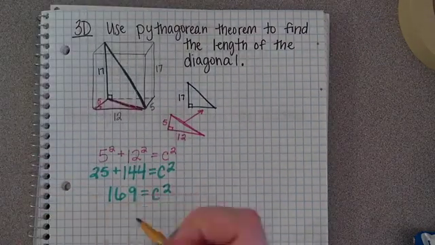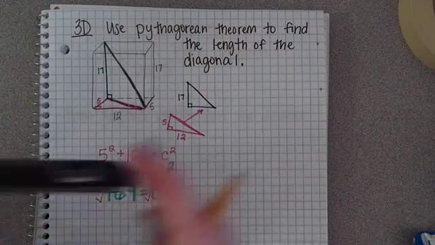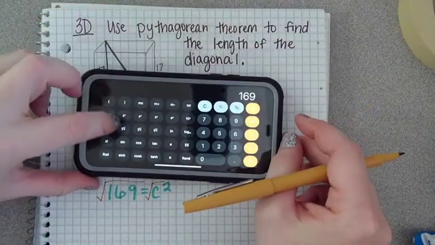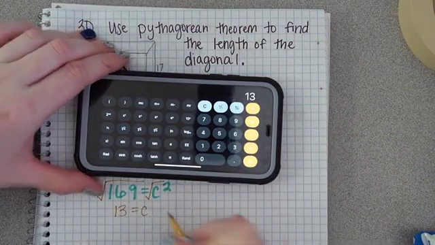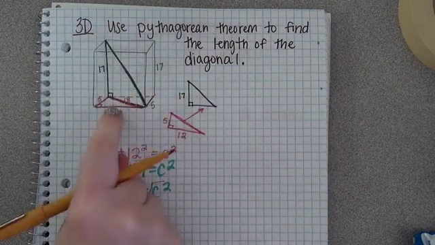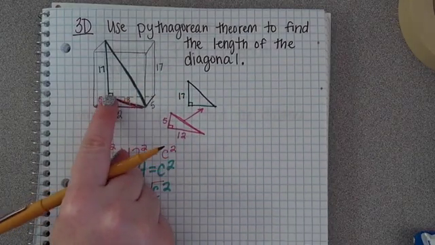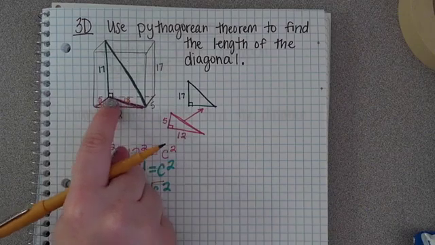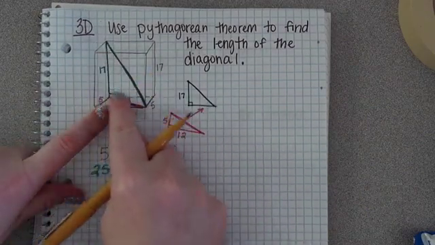Okay, take the square root, which is 13. So 13 equals c. That 13 is the diagonal of the bottom, or the hypotenuse of that bottom, which becomes the leg of that big triangle.